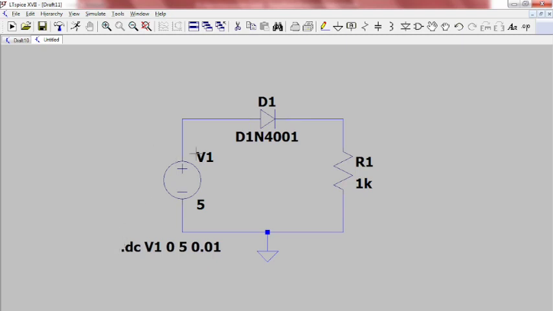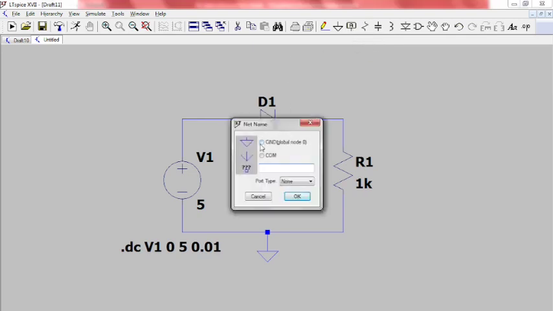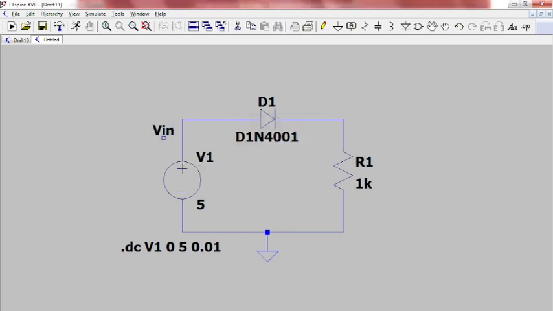Then we need to put some labels also. Click the label tool. We require two labels. First one is Vin, input voltage. This is our input voltage.